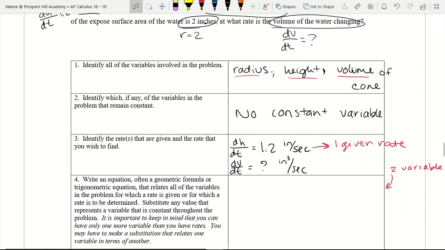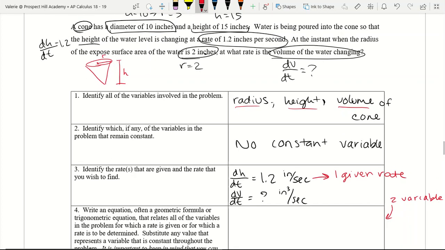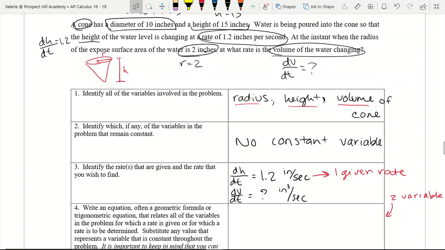So I'm going to sketch an image of this cone. So here's my cone. It's not a very good sketch, but it's all right. We have some radius, some height, right? We know that at the top of the cone, the radius is 5, and the height is 15.